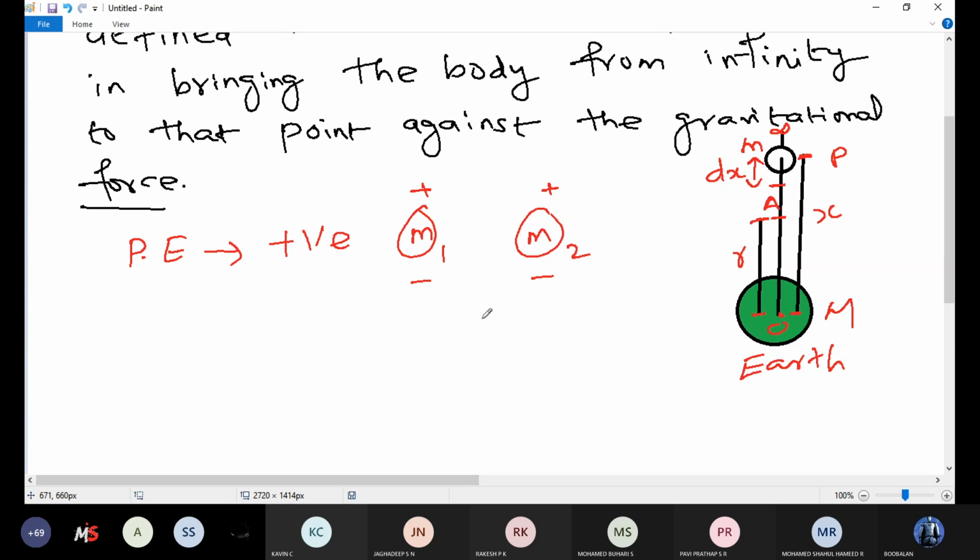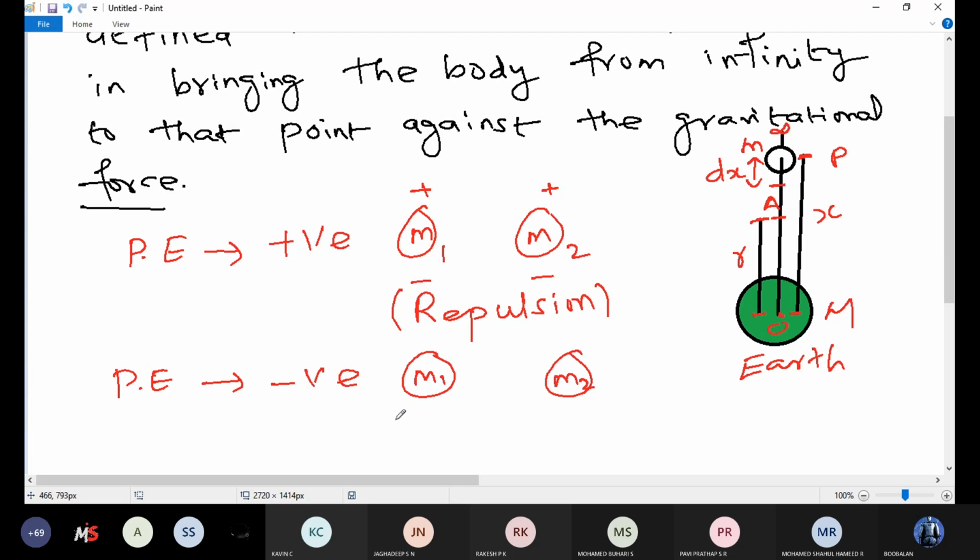In this condition it is repulsive in nature, so the potential energy is positive. Otherwise, the potential energy value is negative. For two objects M1 and M2, this is plus and this is minus, otherwise this is minus and this is plus, then you will get attractive nature.